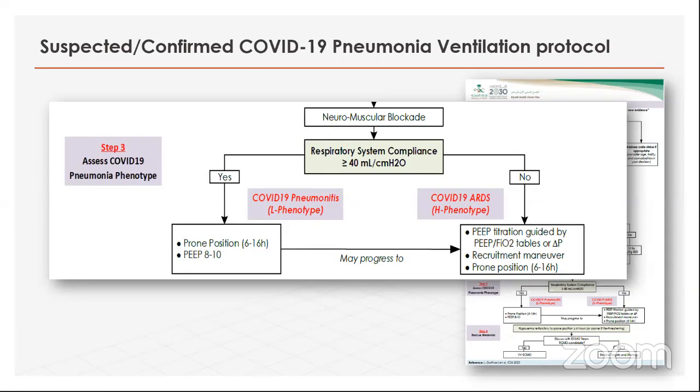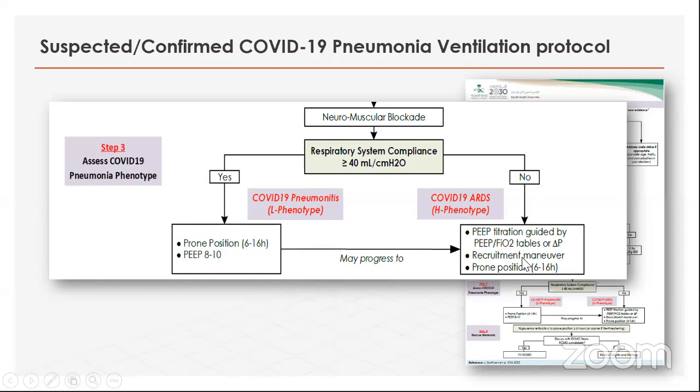Although there are not many recruitable alveoli, it will work here with position change to improve the areas of ventilation-perfusion mismatch, to make it more even, more consistent. So the prone position will benefit at that stage, on that type, and there is more benefit in the H type for the prone position.